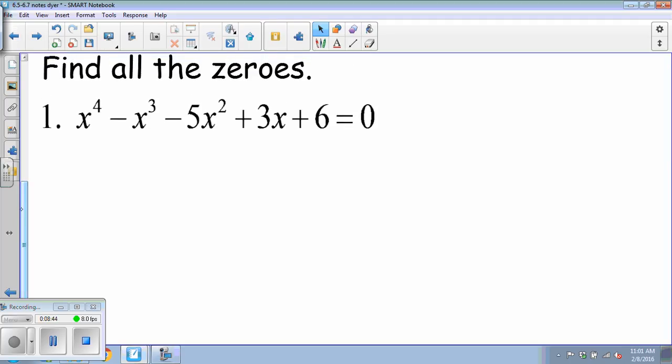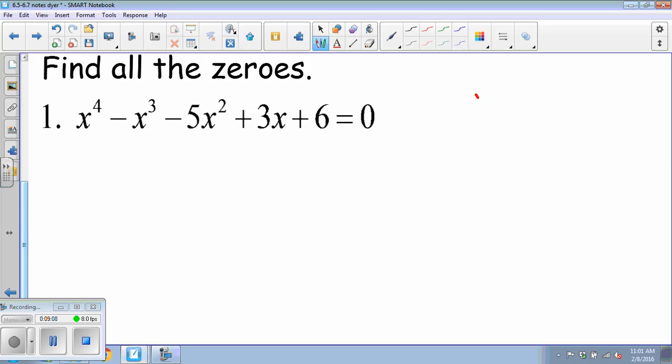So the instructions say find all the zeros. So y'all copy this down. Then, first thing we need to do, how many answers am I going to end up getting for x? 4. Okay?